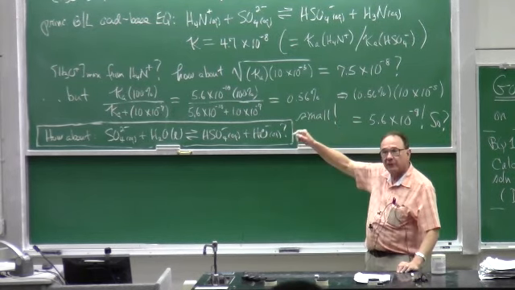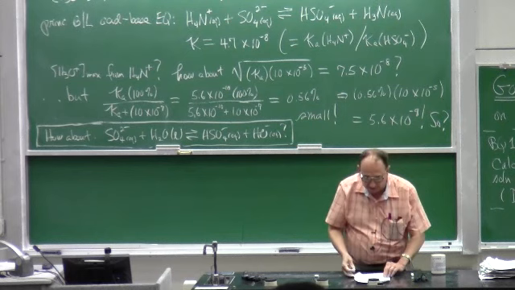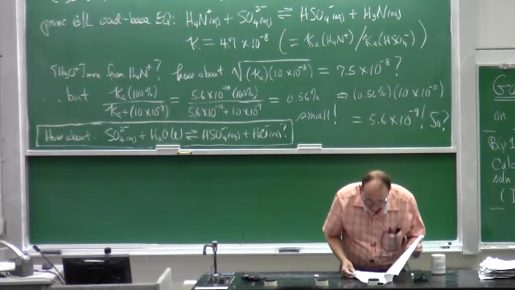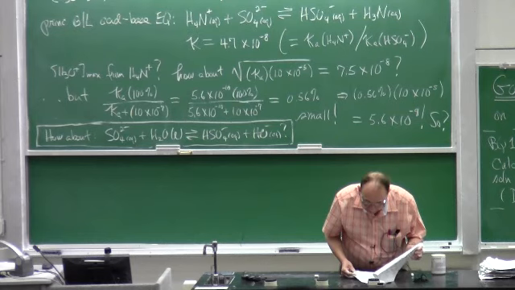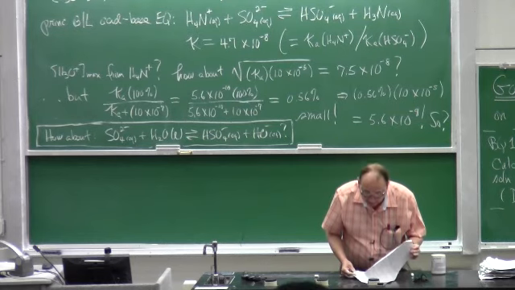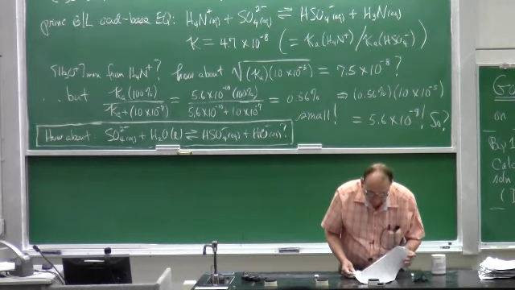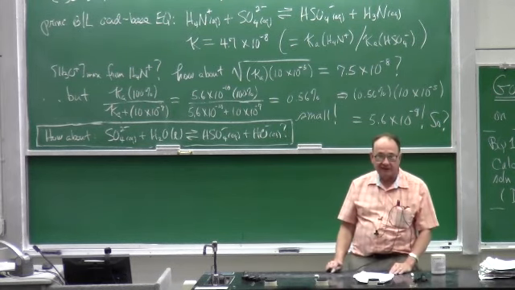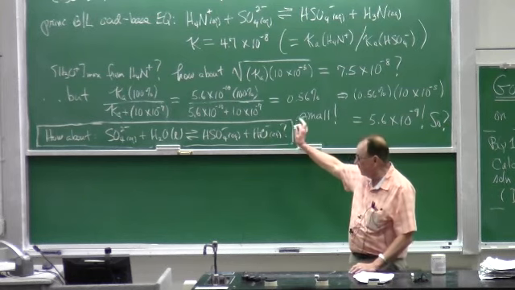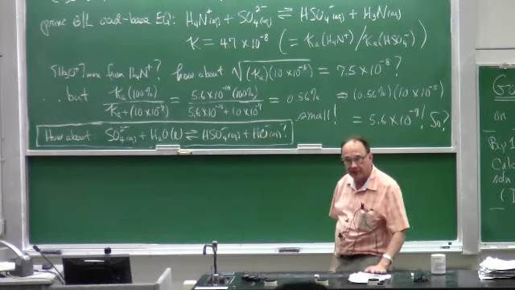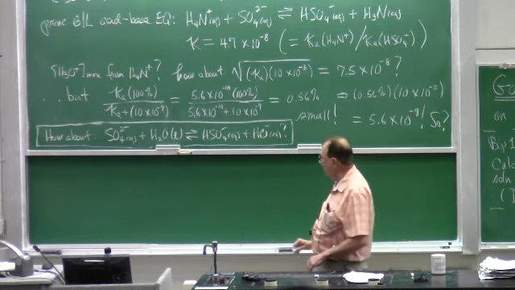It's only 0.004%. I think that's what I got for my arithmetic. No, 0.00084%. Who cares about that? So we can forget this. That's not going to have any effect on pH at all. All right?